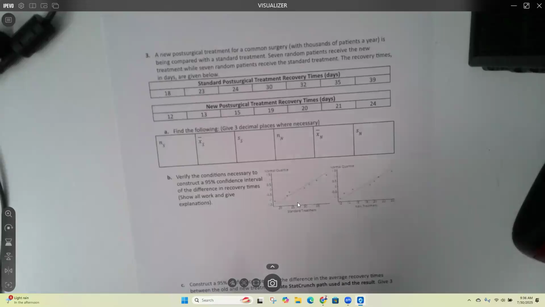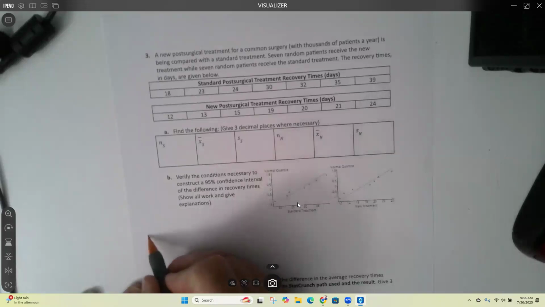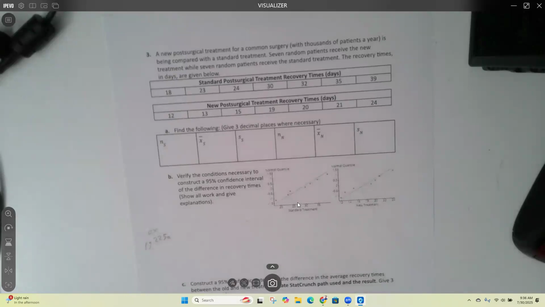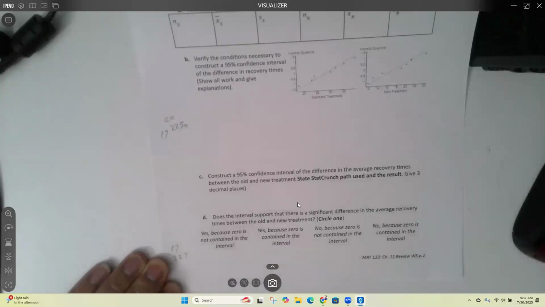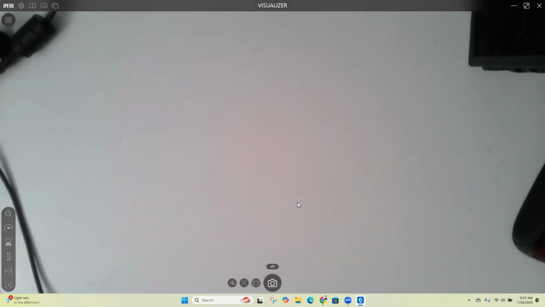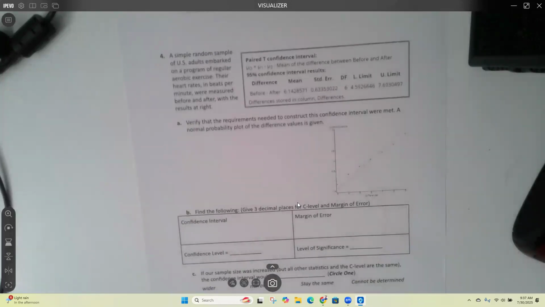There's an example for this one on page 225, part A. This is page 227. Let's see, page 528.